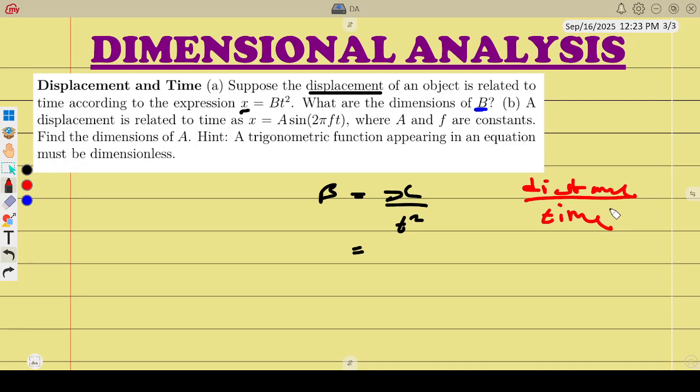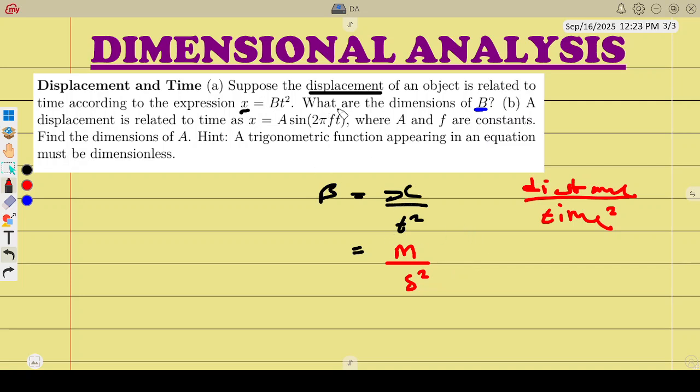It's going to have a square. So what is the SI unit for distance, displacement? We just say it's meters over time, in seconds, with a power of 2.